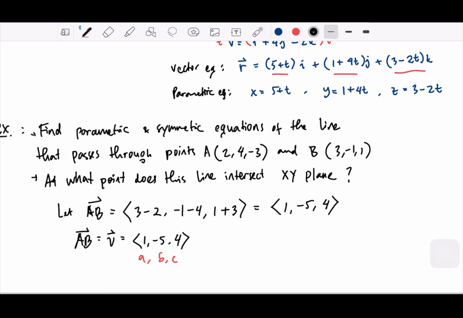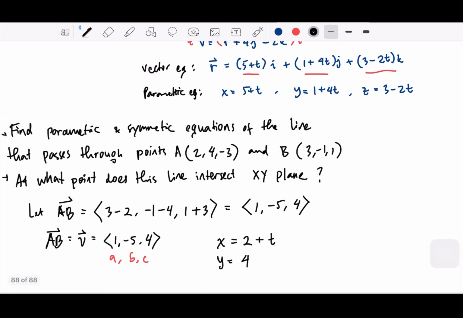Then we can set up x. Let's start from A. So this is 2 plus t, and y is 4. So let's maybe make some assumptions here.